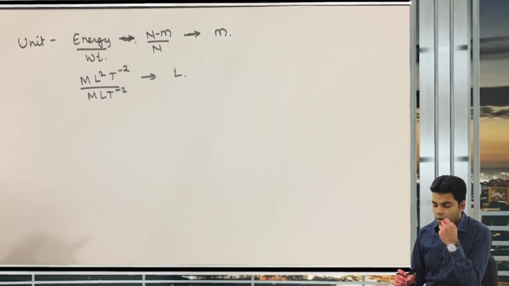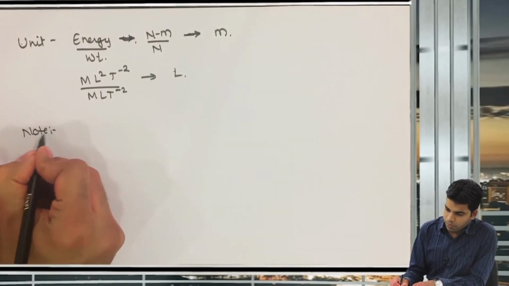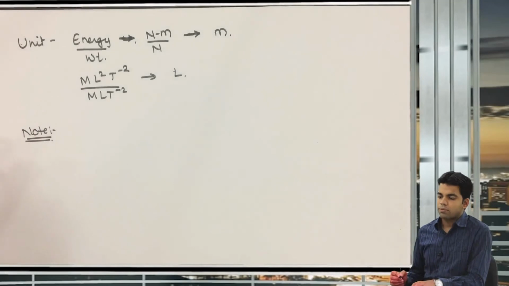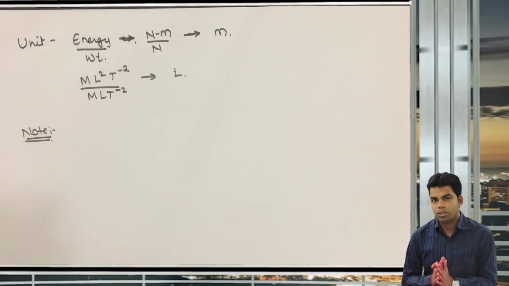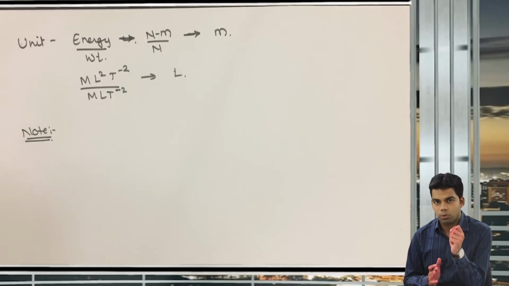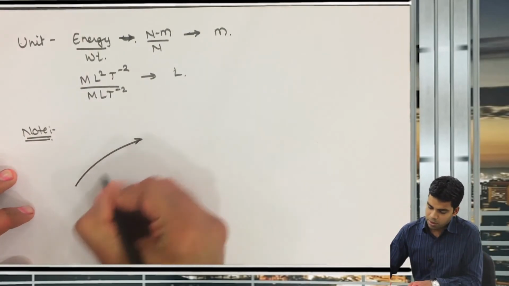Very important thing. Now there are a few notes which are very important. The very first note says, for irrotational flow, the total head is constant at all the points. If we have an irrotational flow, wherever you consider, the total head at all the points will be the same.